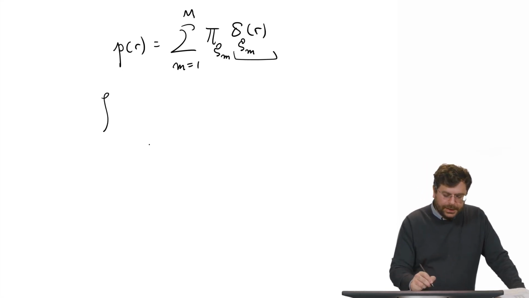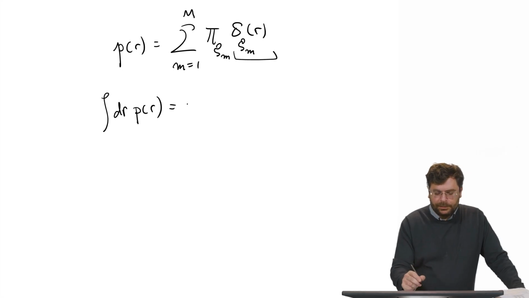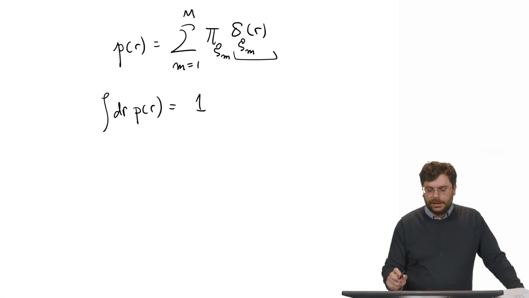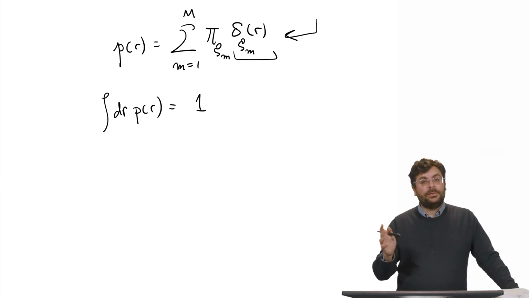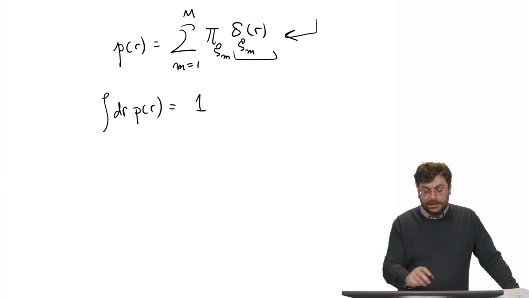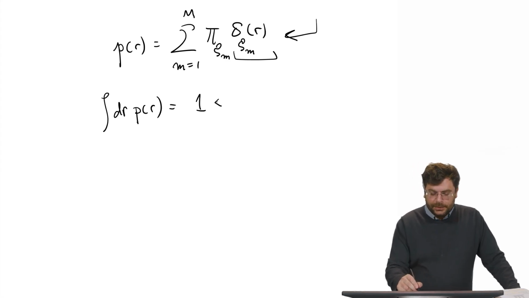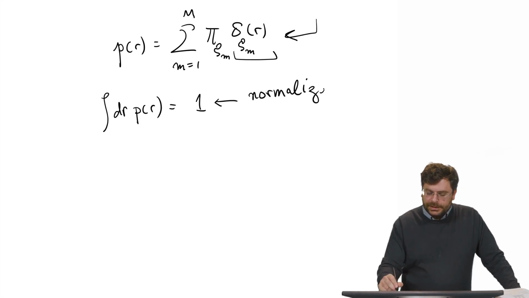So let's verify that if integrated over the entire domain, p of r is truly equal to 1. In other words, that this representation for discrete random variable probability densities is normalized. Again, we have a name for this, and it's called a normalization condition.